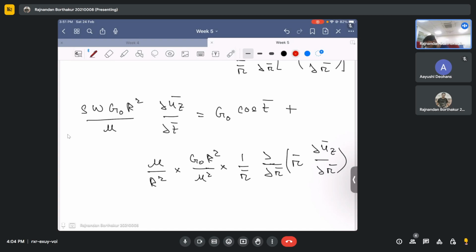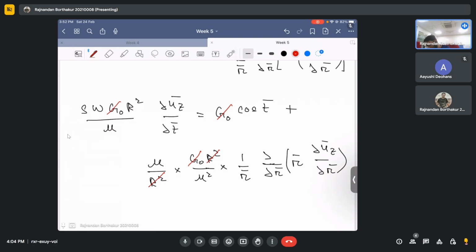This g naught and g naught cancel out, right? And these r squares also cancel out.